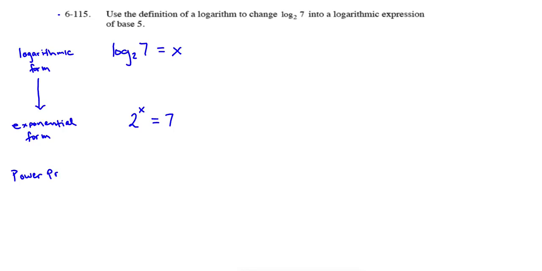It's the power property of logarithms. Remember, that states that if I take the log of each side, I say log of 2 to the power of x, it should end up equaling log of 7. Now, in the end, they're going to want us to change it to base 5.